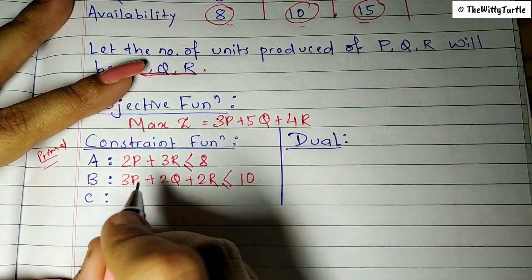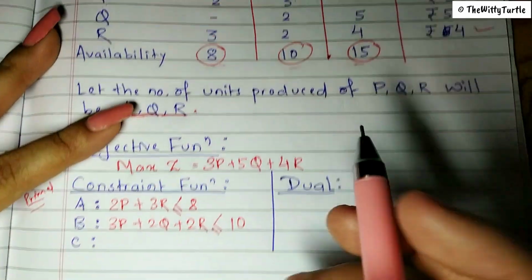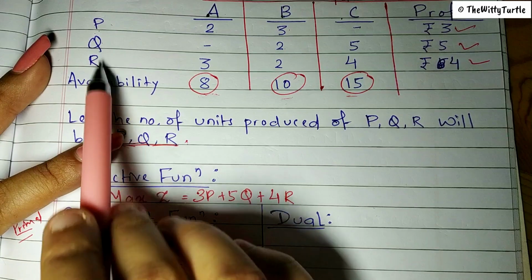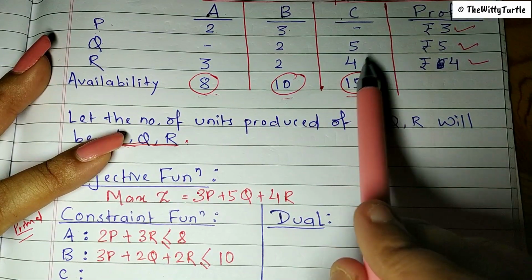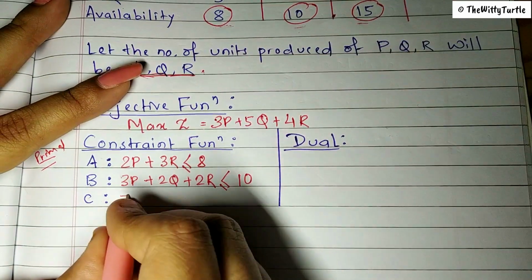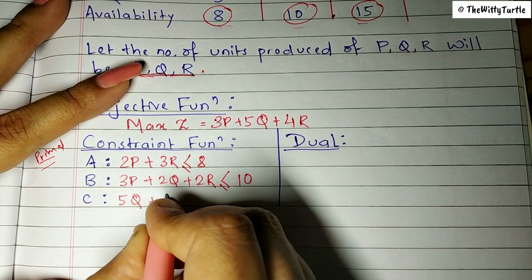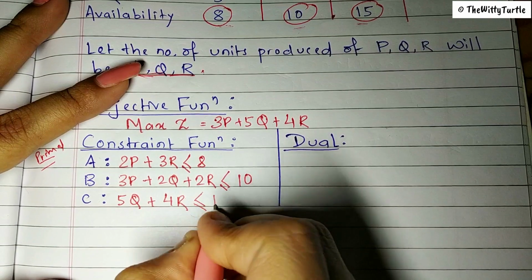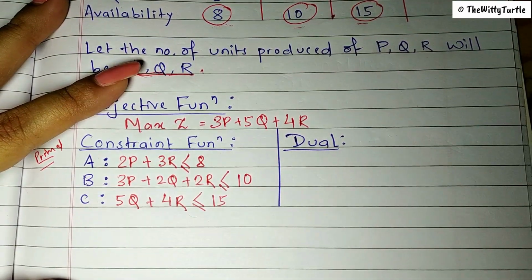Then for raw material C, when do we need C? Only when producing Q and R. So we need 5 units for Q and 4 units for R. So it is 5Q plus 4R, and it is less than or equal to 15. Obviously because we have 15 units with us.